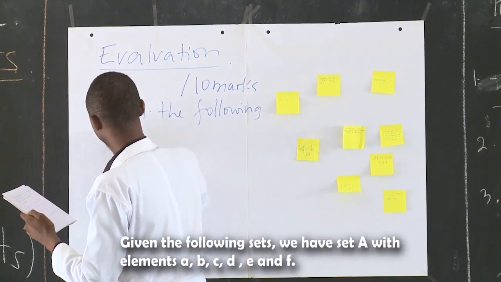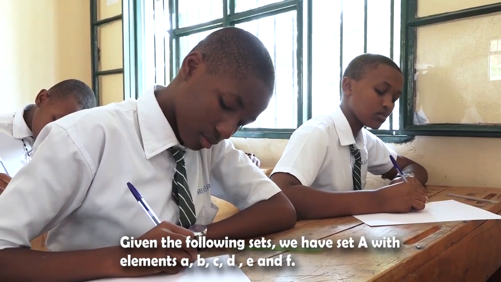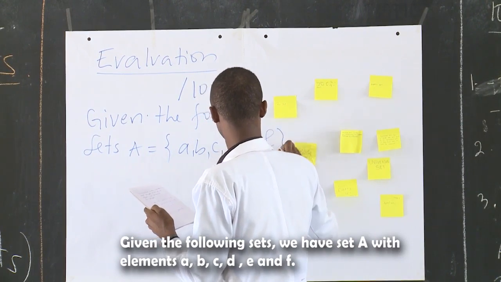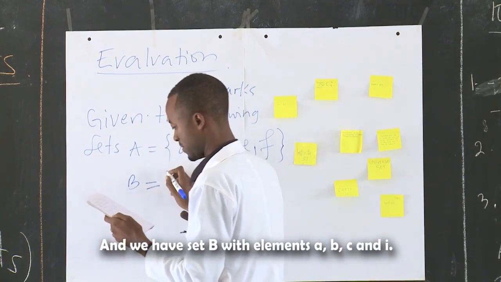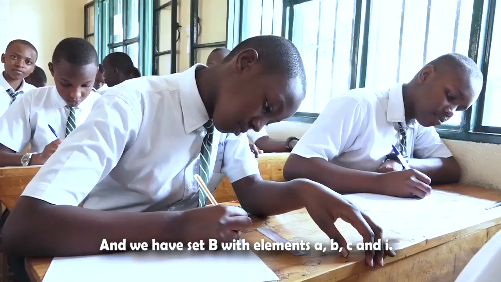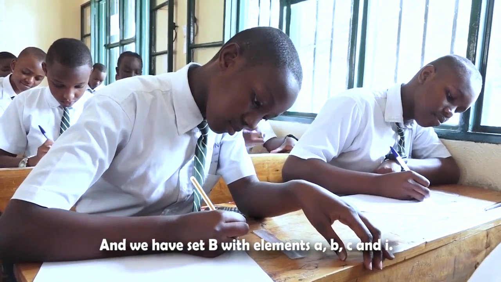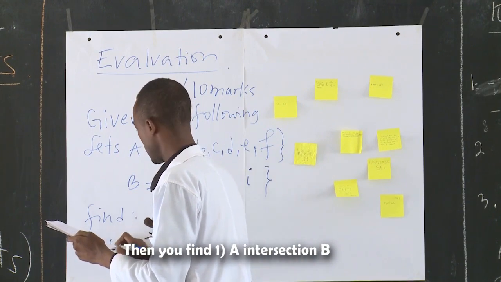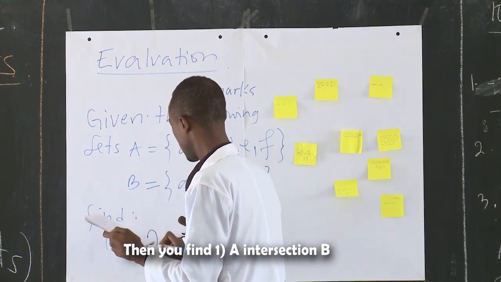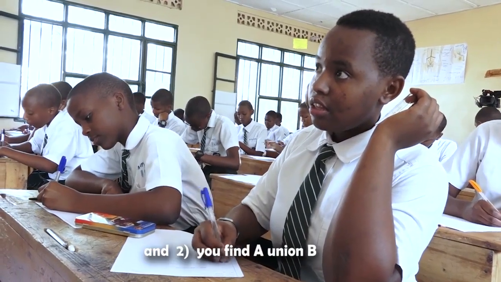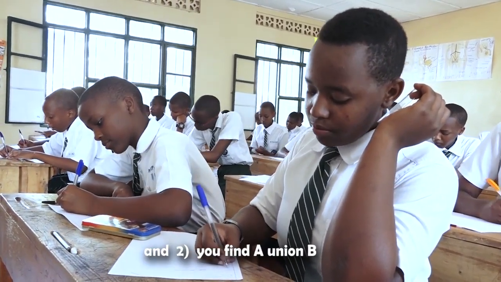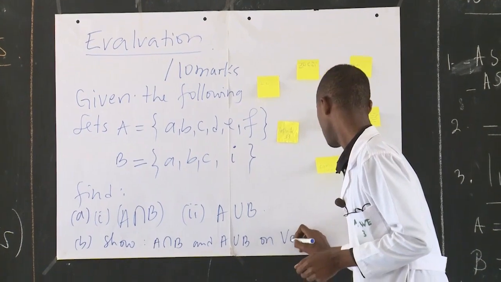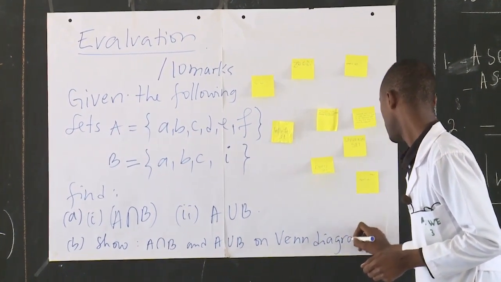Given the following sets, we have set A that has the elements A, B, C, D, E, and F. And we have set B, which has the elements A, B, C, and I. Then you find 1, A intersection B, and 2, you find A union B. You show them on Venn diagrams.